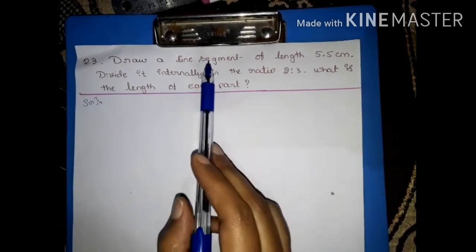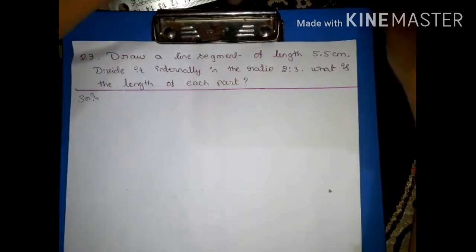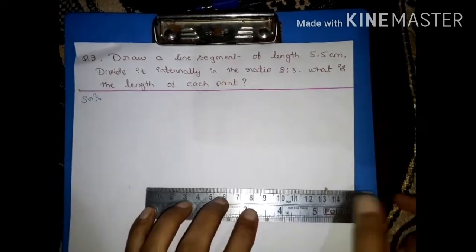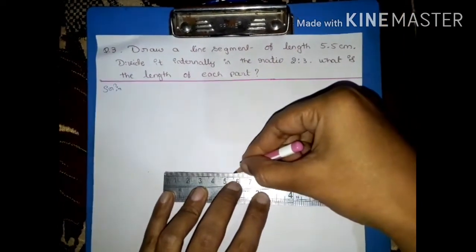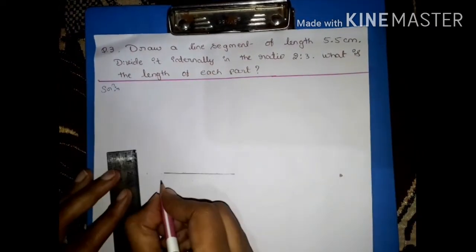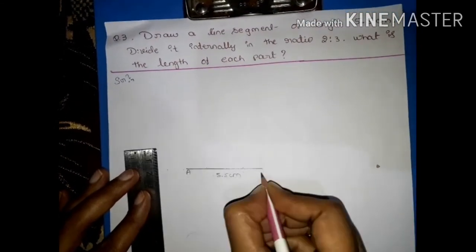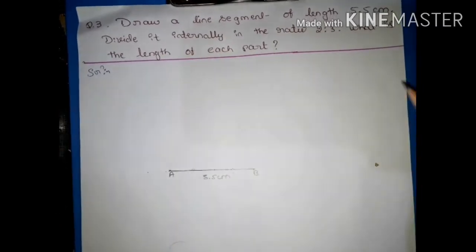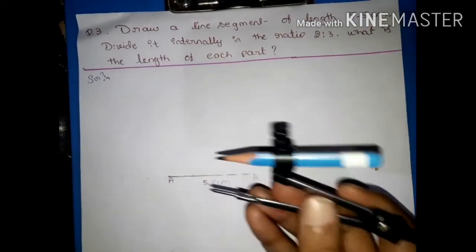For this, first you have to construct a line segment of length 5.5 cm. Using a ruler and pencil, draw a line segment 5.5 cm and give the names A, B. At point A and at point B, construct parallel lines by constructing an acute angle.